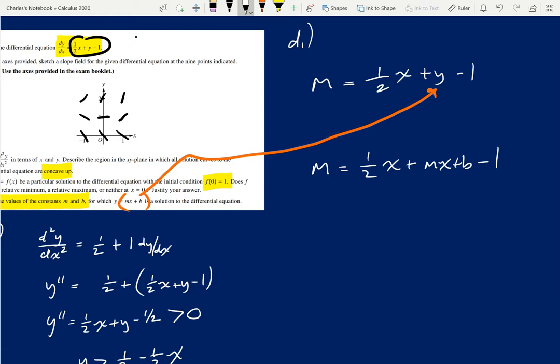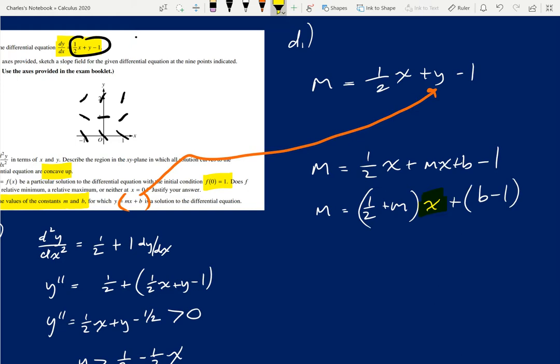If we play around with this a little bit, I can make this m is equal to 1/2 plus m times x plus b minus 1. This is the part I think that's confusing.